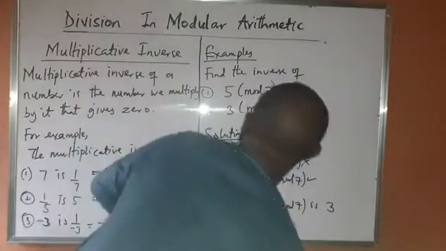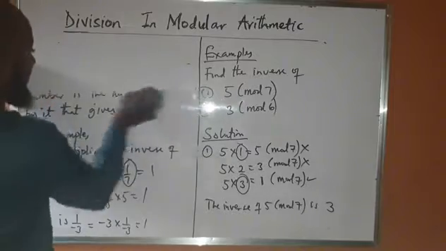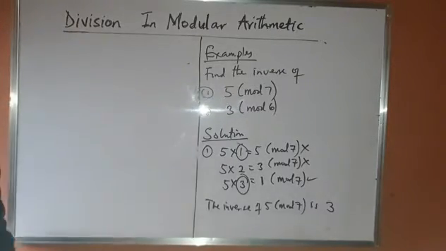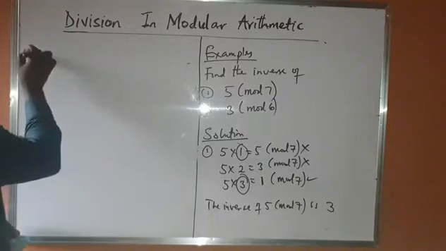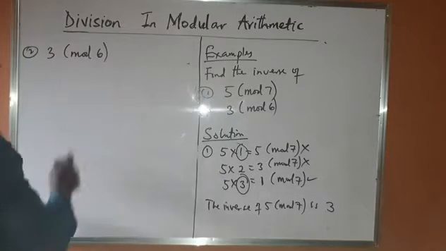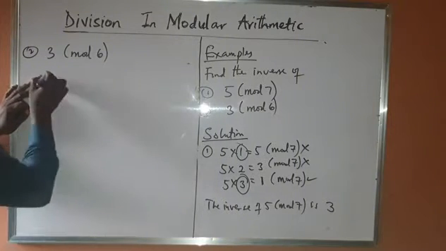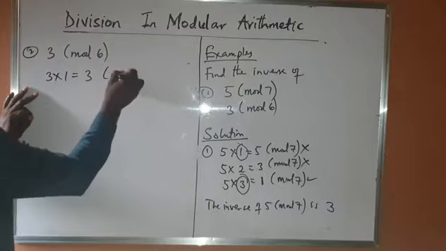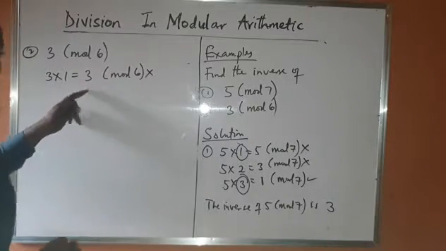Good. Let's look at the second example and see how we can get that. We have 3 mod 6. The same way, 3 multiplied by 1 gives 3 mod 6, so this one is not the inverse because it's not giving us 1.